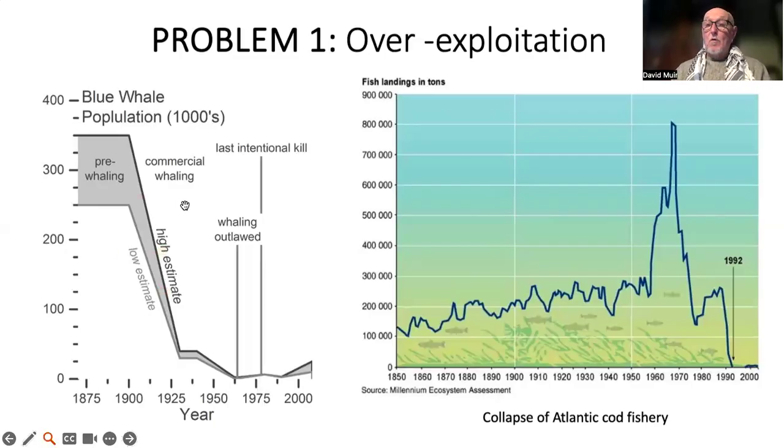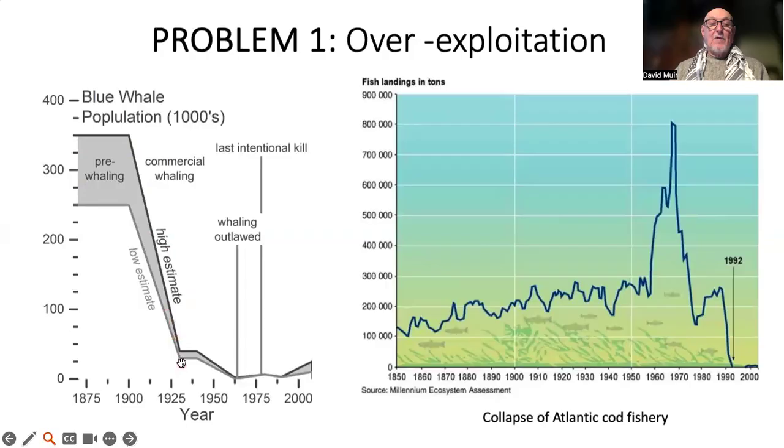They started to haul out whales much, much faster than the whale population could reproduce to replace itself. And within a period of only about 25 years, they brought the blue whale population down to around 10,000 globally, as opposed to its high up here.